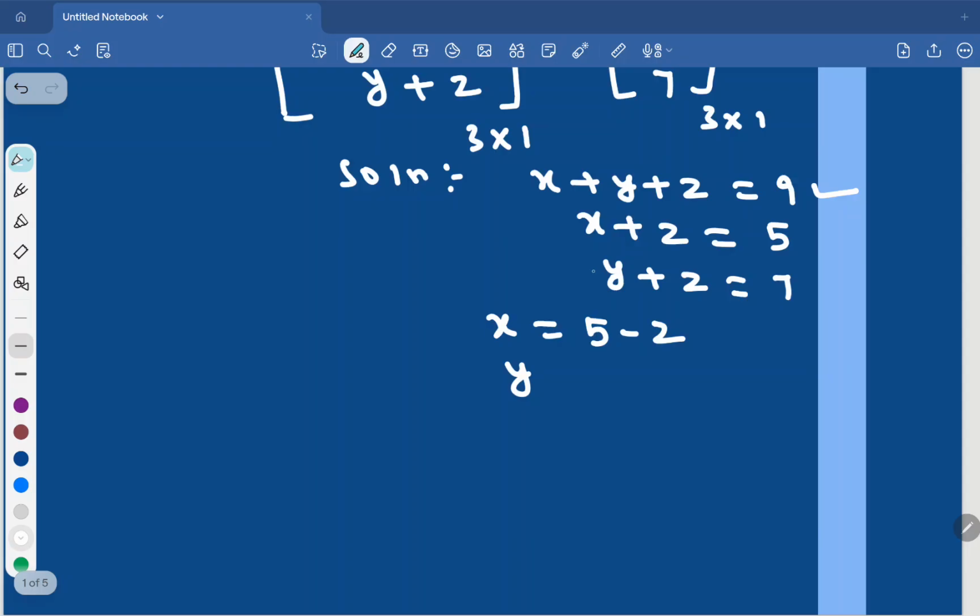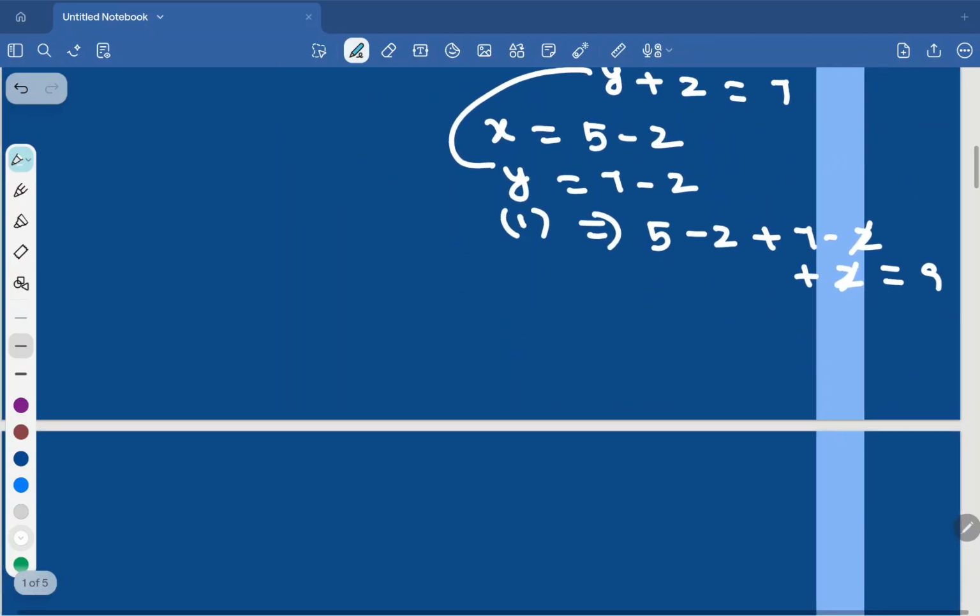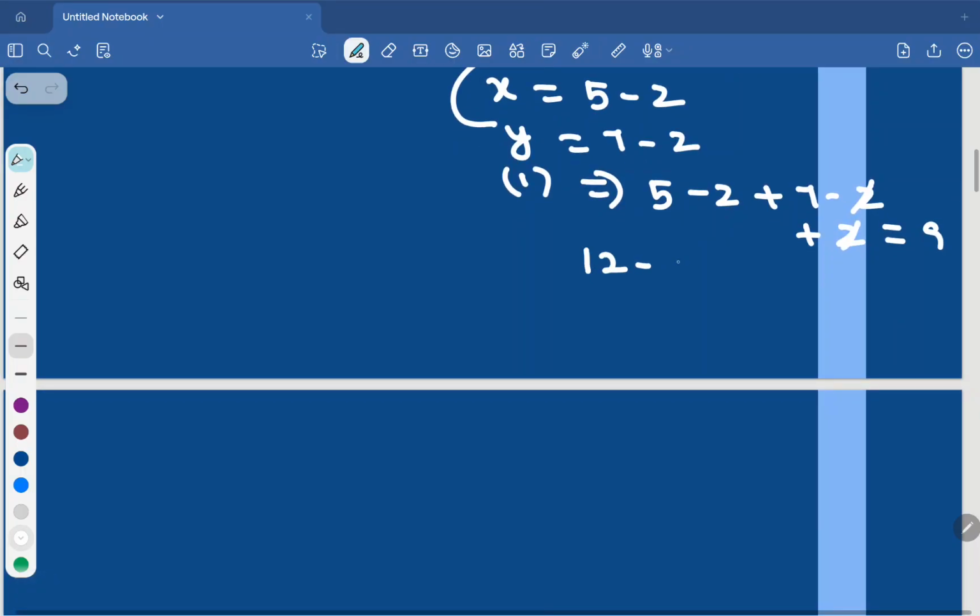Find y value from third: 7 minus z. Substitute in 1. 1 implies 5 minus z plus 7 minus z plus z equals 9, plus z minus z cancel. 12 minus z equals 9. 12 minus 9 equals z. z is 3.